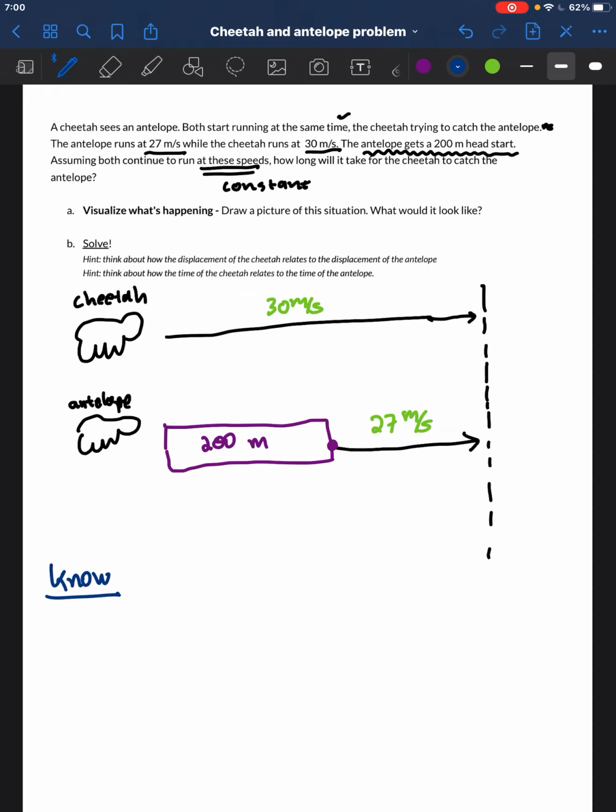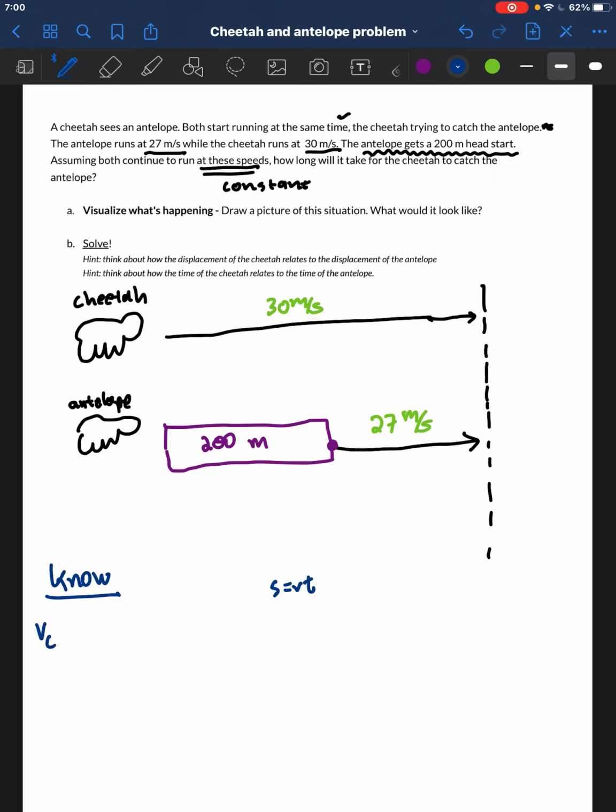In this case, we have two different systems. So S equals VT is still going to be the equation we're using. So let's think about these different variables. We know velocity of the cheetah, so I'm going to call that VC, equals 30 meters per second. I know velocity of the antelope is 27 meters per second.